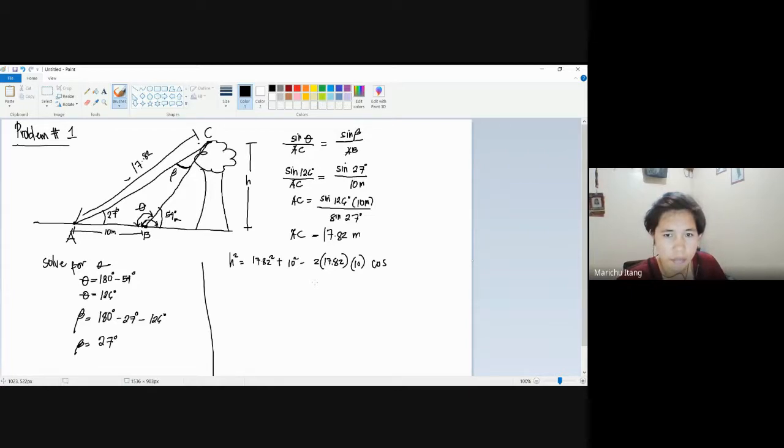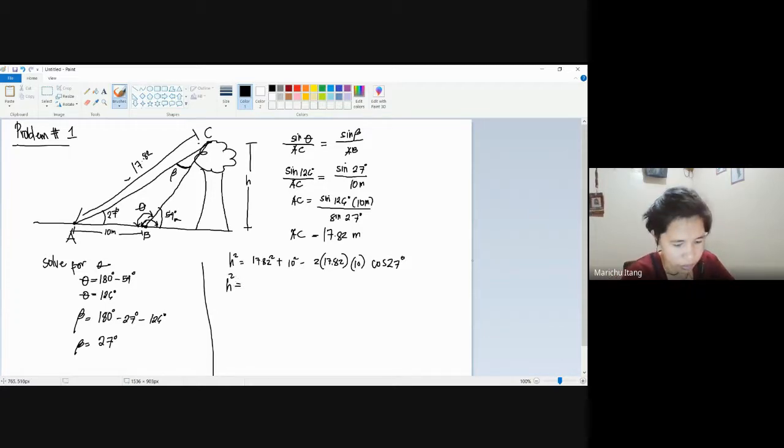What is opposite to h? 27 degrees. So let's solve h squared.